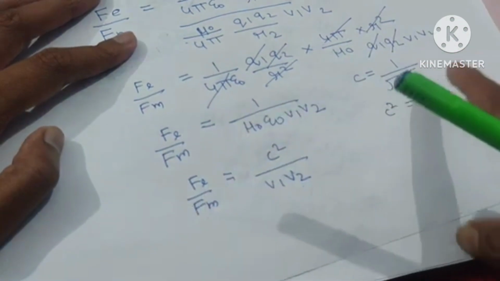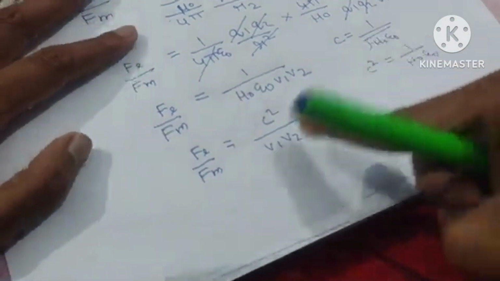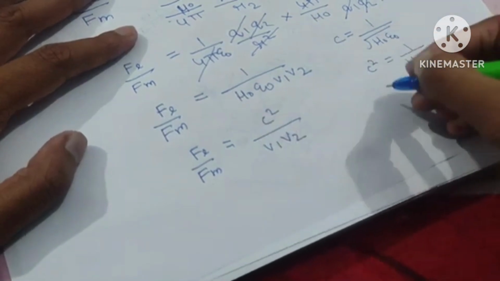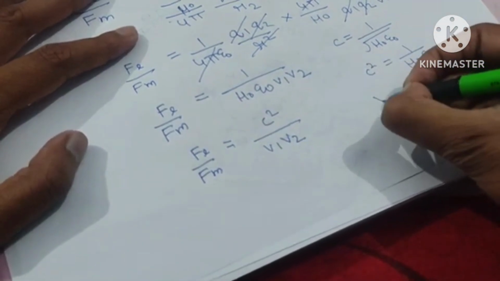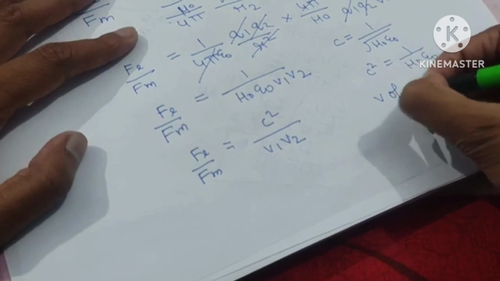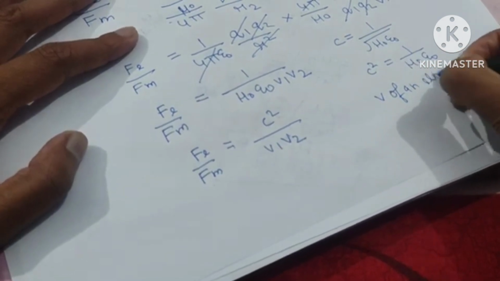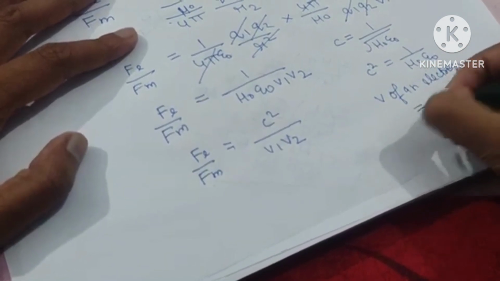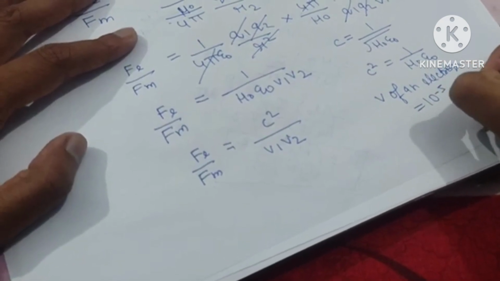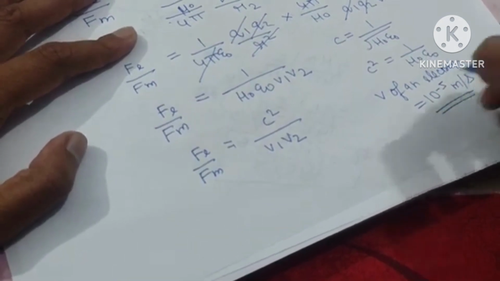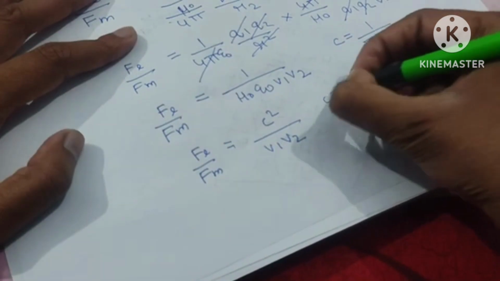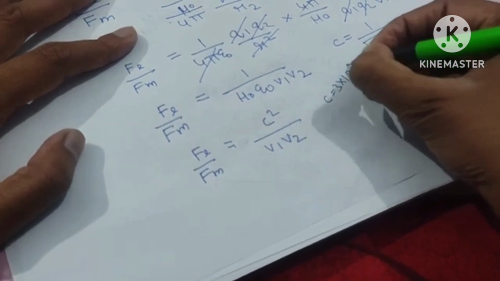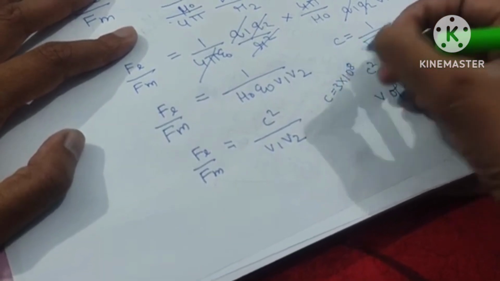Now we know the drift velocity of an electron is 10 to the power minus 5. We can find it experimentally. And c, the speed of light, is 3 into 10 to the power 8 meter per second.